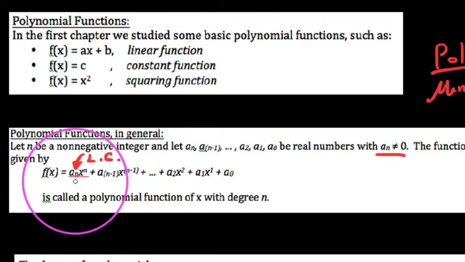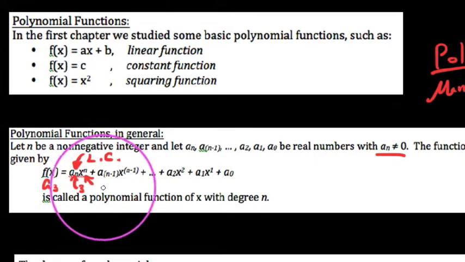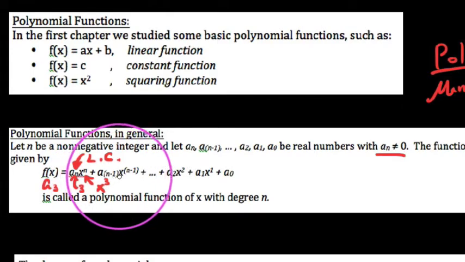If n was 3, this leading coefficient would be a sub 3, and this would be x to the 3. The next term would be a sub n minus 1, so if n is 3, a sub 2, and then x to the power of n minus 1 would be x to the 2.